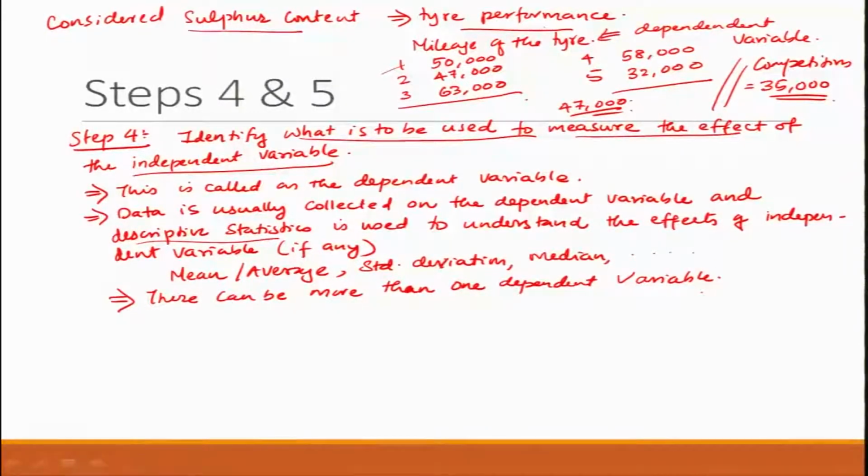Another example of this is to identify how many punctures happen, how many punctures of the tire wall. This could be another dependent variable that you can use to measure the performance of the tire. There is no need for only one dependent variable; there can be more than one. This is quite applicable and allowed.